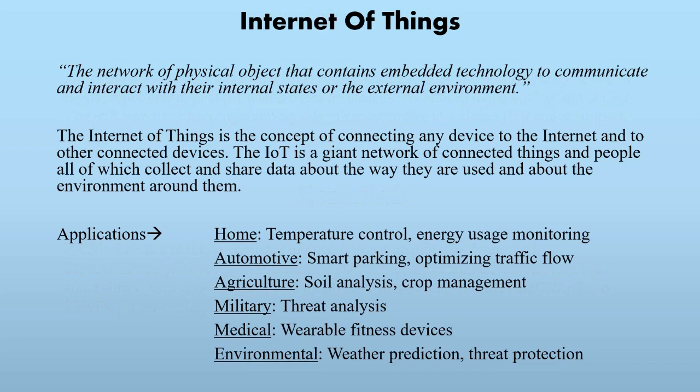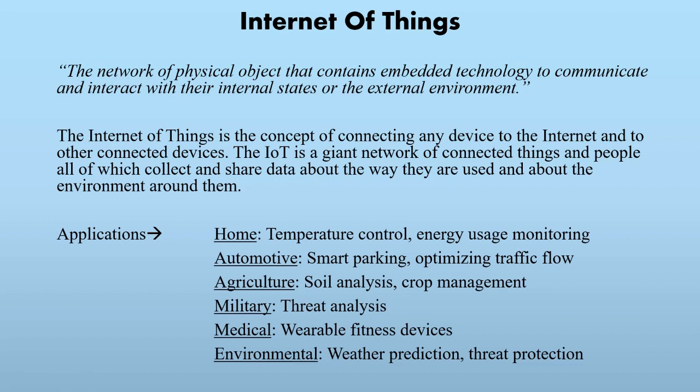It is a network of physical objects that contain embedded technology to communicate and interact with their internal states or the external environment. This is basically how we can communicate with our daily fans or lights switches via an external source like a mobile phone connecting through the internet.